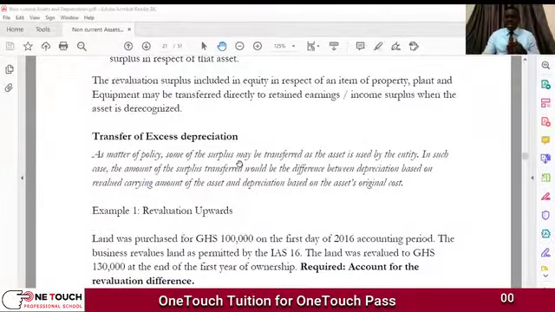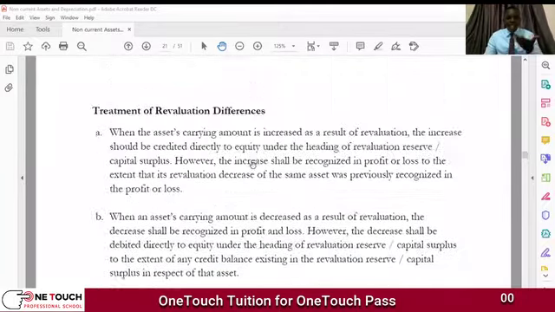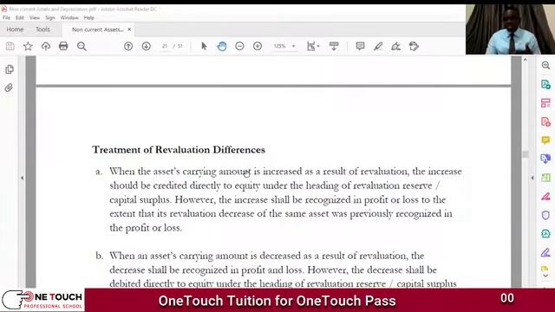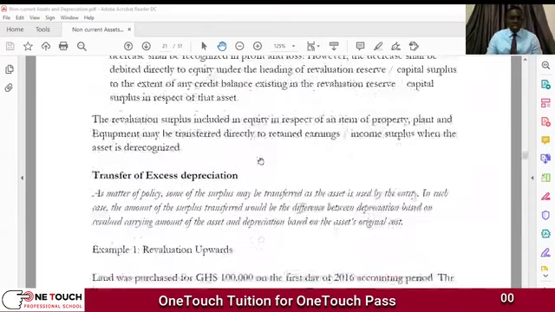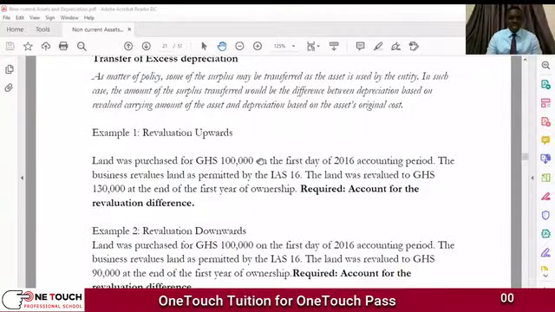Okay, so let's look at the revaluation of PPE. Now, how do we account for the difference in revaluation, either as revaluation surplus or revaluation deficit? Okay, good. So let's look at when there is a revaluation and the revaluation leads to a surplus.